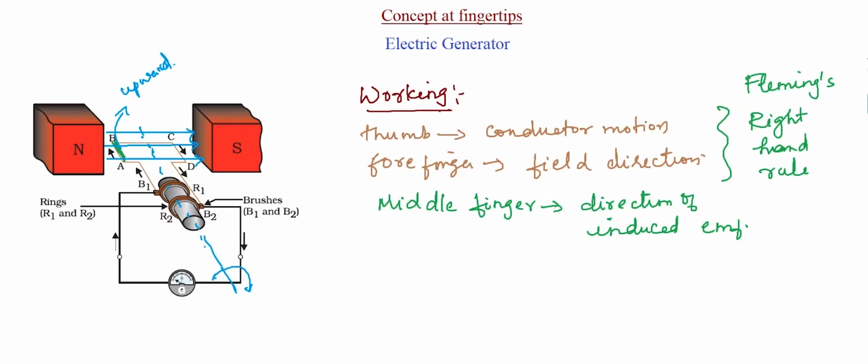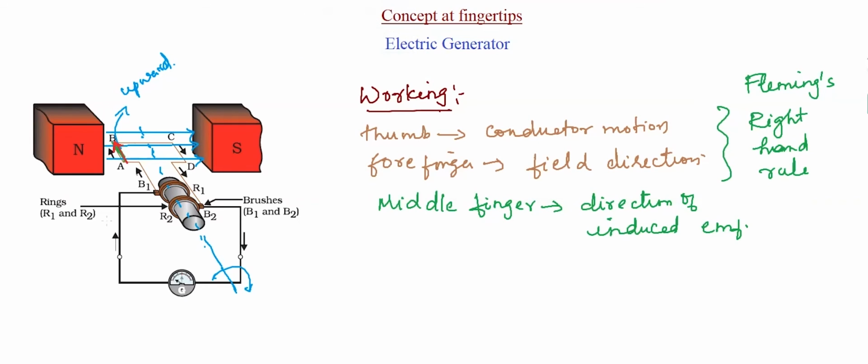According to the directions given, the current inside the side of the conductor AB will be as shown with the red arrow.